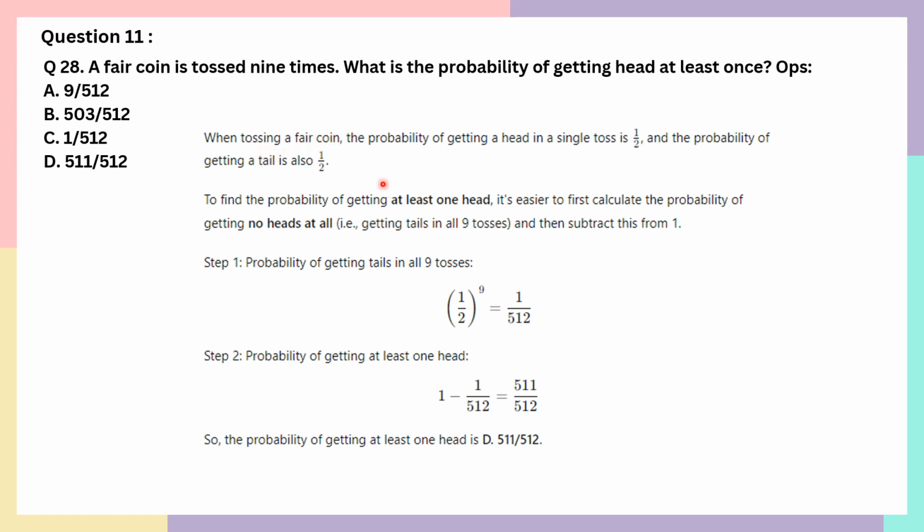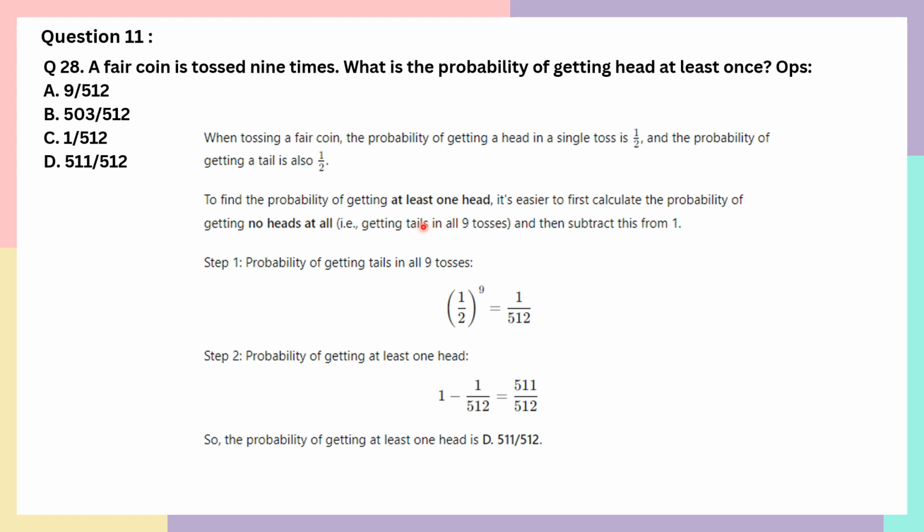When tossing a fair coin, the probability of getting a head in a single toss is 50%, which is 1 by 2, and the probability of getting a tail is also 1 by 2, which is also 50%.